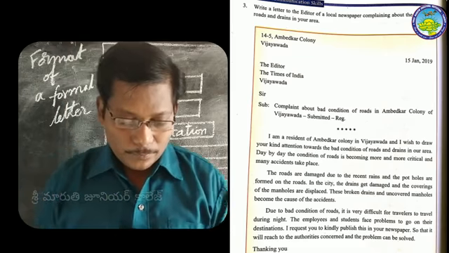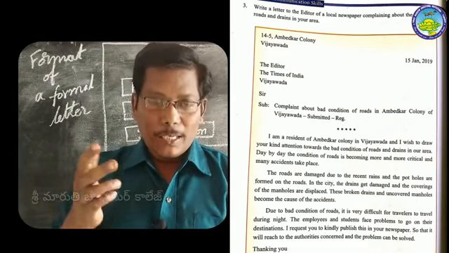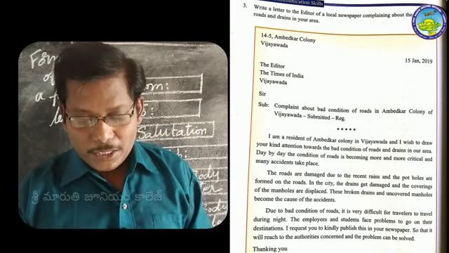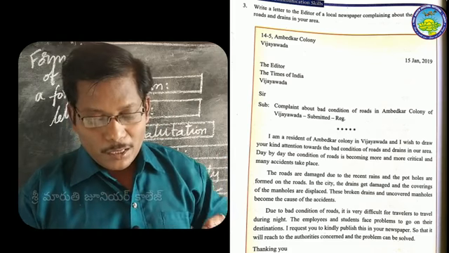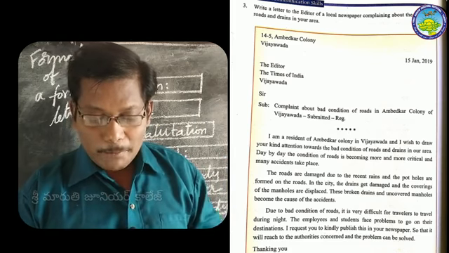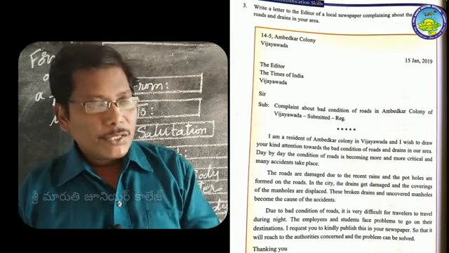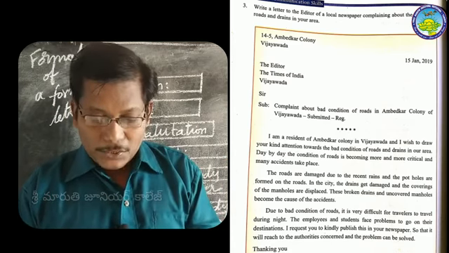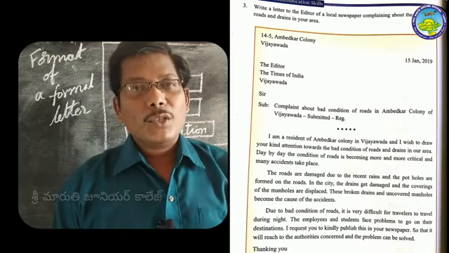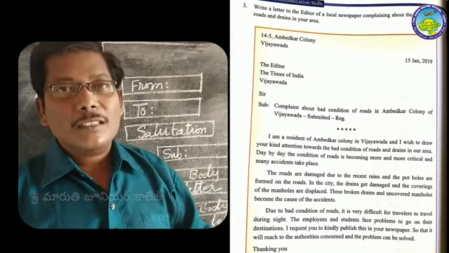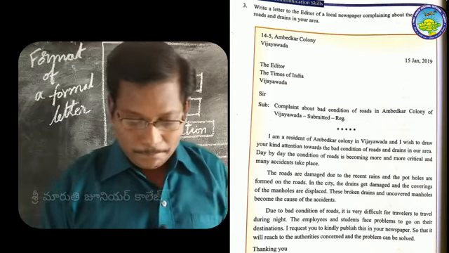Okay. So you see the first paragraph. I am a resident of Ambedkar Colony in Vijayawada and I wish to draw your kind attention towards the bad condition of roads and drains in our area. So that person wants to draw the attention of the newspaper about the bad condition of roads and drains in his Ambedkar Colony area.